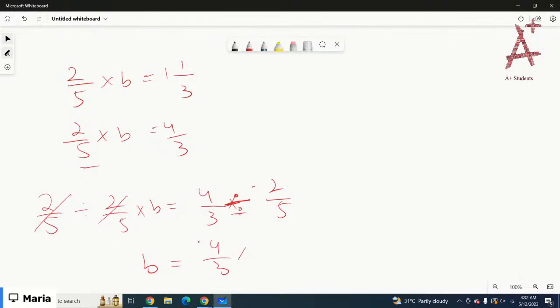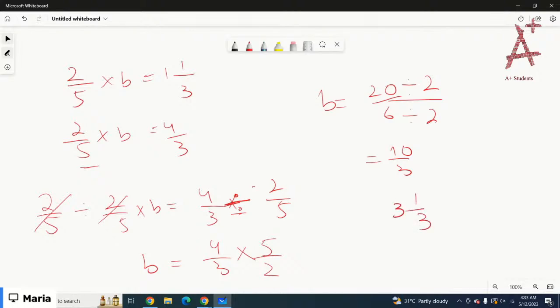And b equals, you have to change this division sign to multiplication, then 5 over 2. 5 times 4 is 20 and 20 divided by 6. You can divide them by the common factor 2. 2 times 10 is 20 and 2 times 3 is 6. It would be 3 times 3 is 9, 3 whole 1 over 3. The correct option is 3 whole 1 over 3.